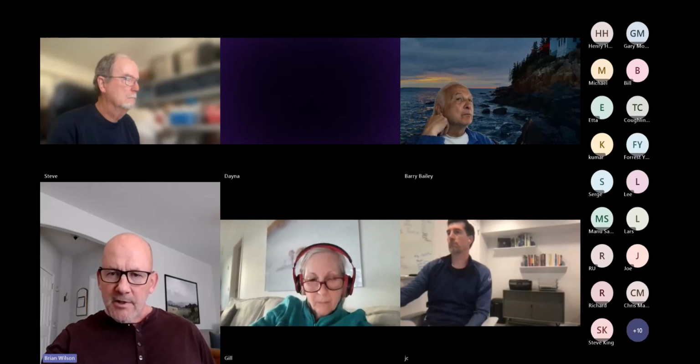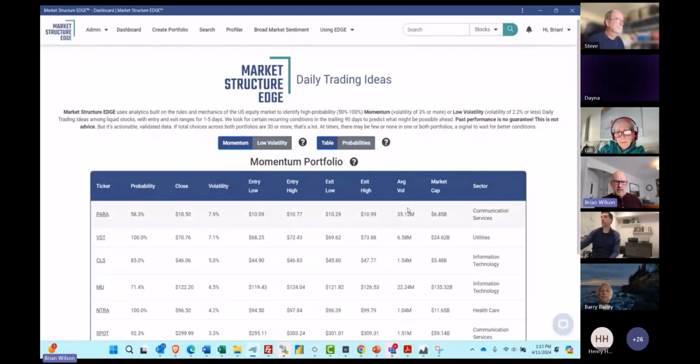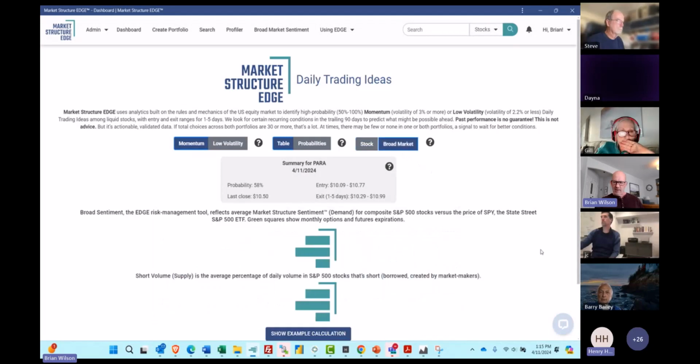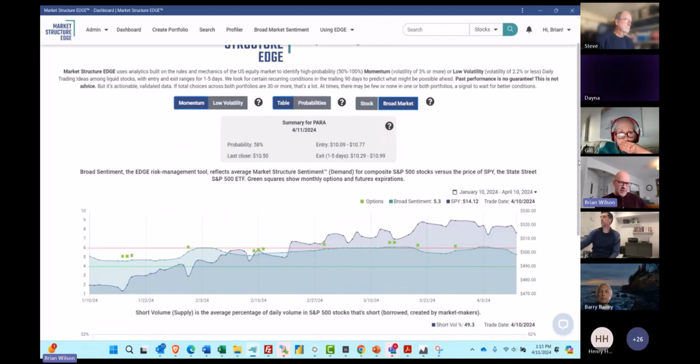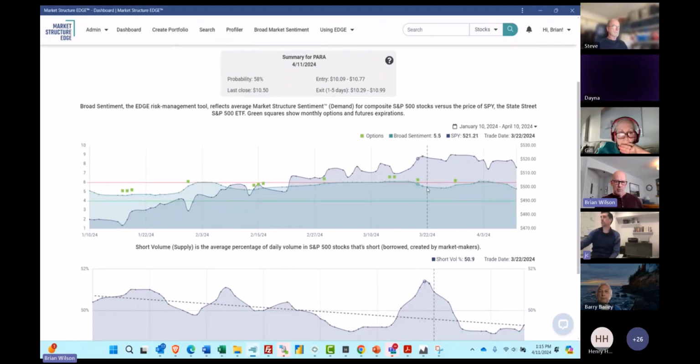So let's just pull up an example for IBKR users. Let's say you go into the daily trading ideas, just pull up a name, and then go over to your broad market so you can take a look at that. Here's a simple way that you could do things. Whenever you see broad market rising, sentiment rising, maybe you add a little.